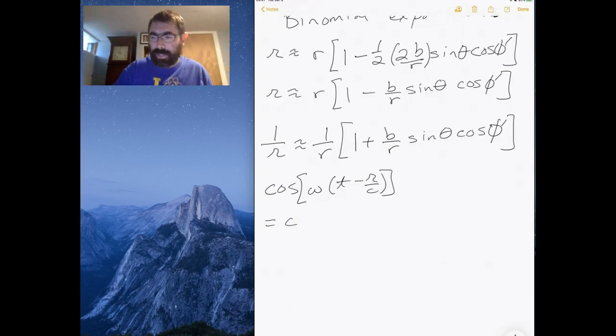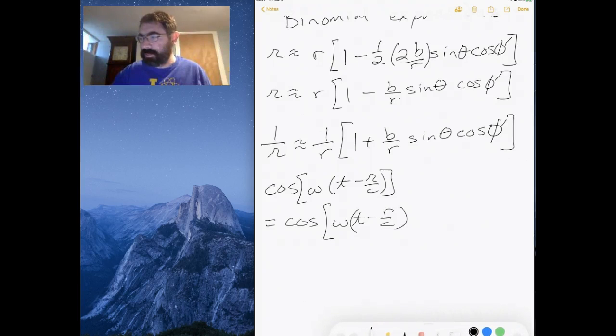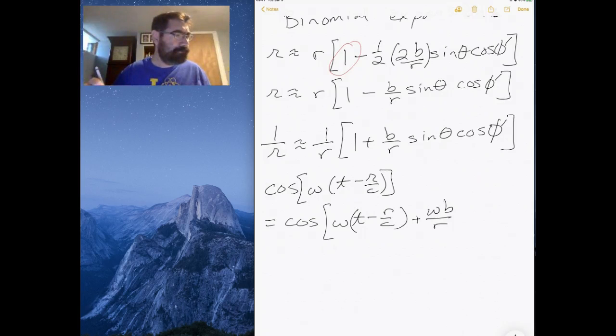I can write it out as cosine of omega t minus r over c, because that's from the 1 right here, and then I would have plus omega b over c, I'm sorry, I'd multiply it by r, so that would cancel.